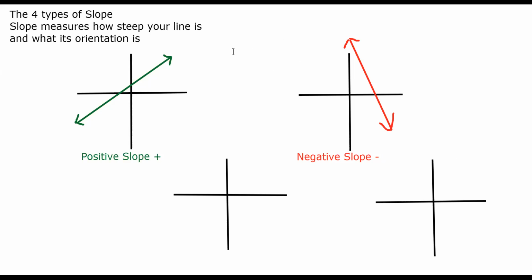What are some other shapes you could make if you wanted to? Straight up and down, or? Yeah, straight left to right, horizontal. That's exactly right. So you can.